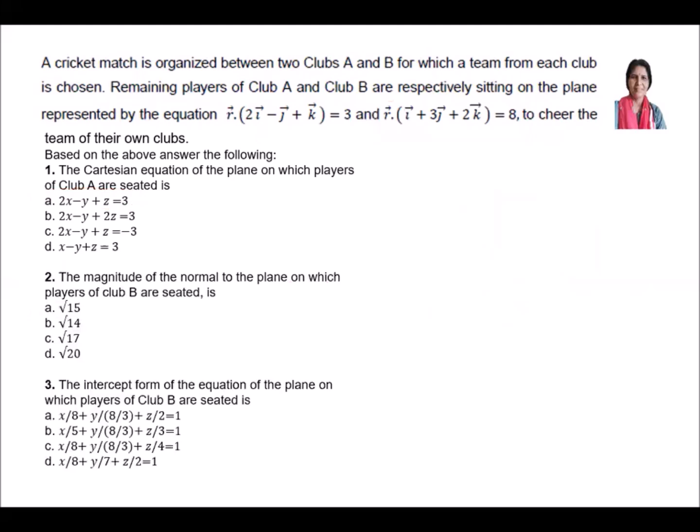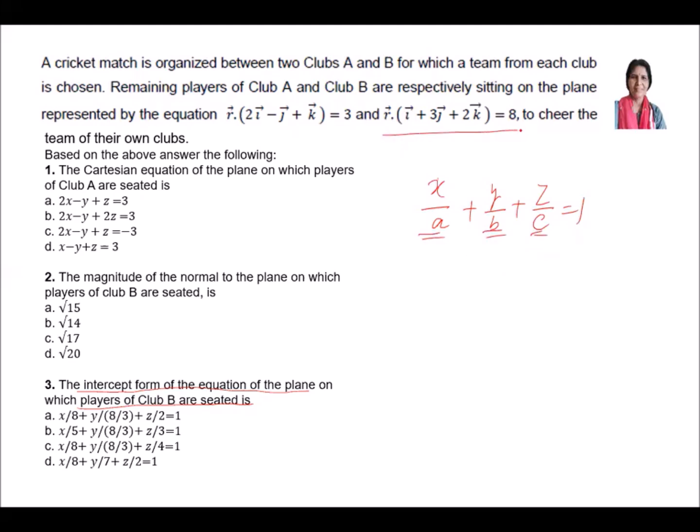Now coming to part 3. The intercept form of the equation of the plane on which the players of club B are seated. So the intercept form, you know, is x upon a plus y upon b plus z upon c is equal to 1, where a, b, c are called the intercepts on the x-axis, y-axis, z-axis.